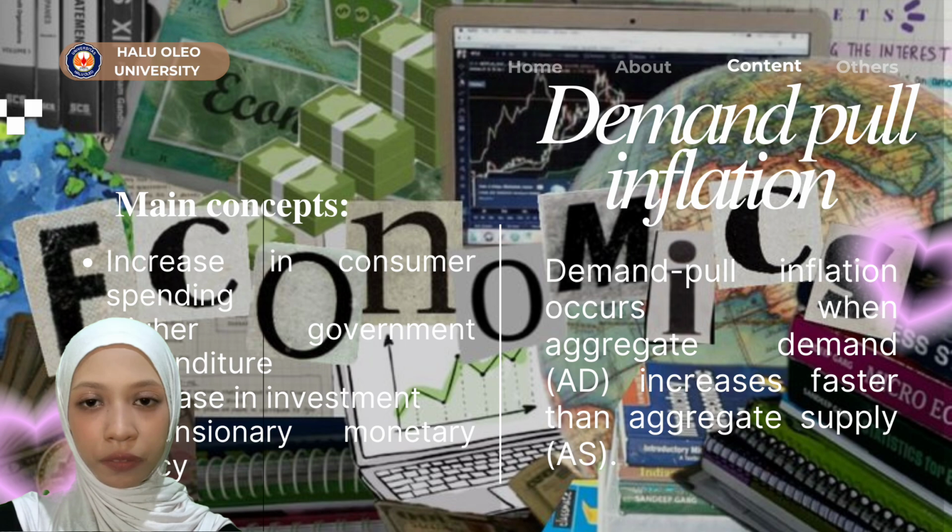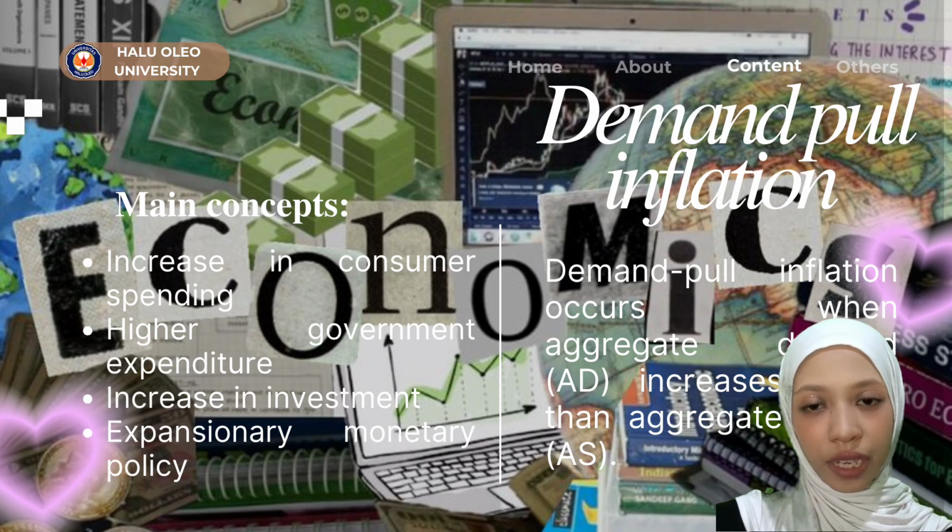So, demand pull inflation occurs when aggregate demand increases faster than aggregate supply. This usually happens during periods of economic growth when consumption, investment, or government spending rise. When producers cannot increase output quickly enough, prices begin to rise.